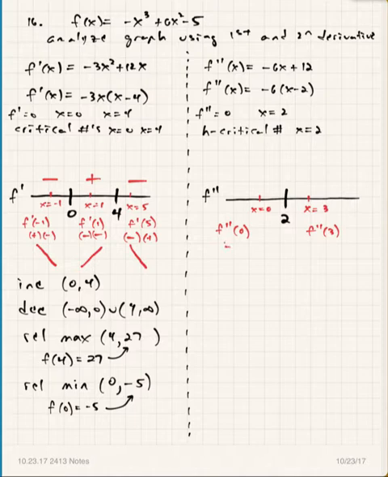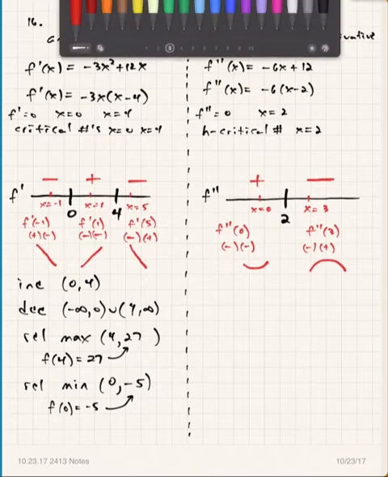So that's a negative times a negative, and so the second derivative is going to be positive, less than 2. And then when you substitute in 3, you get a negative because of that negative 6 times a positive. And so the function is concave down where the second derivative is negative. So you have the function concave up and then concave down.